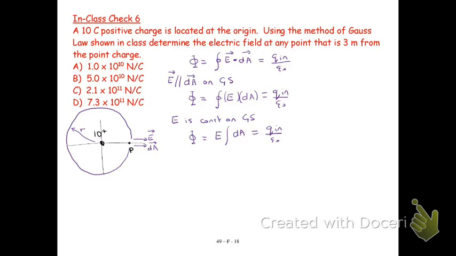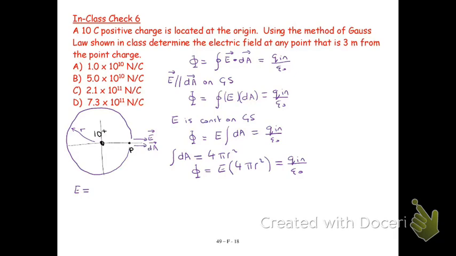So then I say, oh, integral of dA, in this case, is equal to 4 pi r squared, because it's a sphere. So flux is equal to E times 4 pi r squared, which equals Q in over epsilon naught. So now I can rearrange. So E, don't worry about flux anymore, it served its purpose.